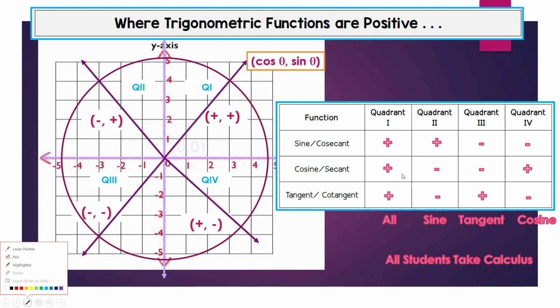It reminds us that in the first quadrant, all of them are positive. In the second quadrant, just sine and its reciprocal are positive. In the third quadrant, tangent is positive. In the fourth quadrant, cosine and its reciprocal are positive.